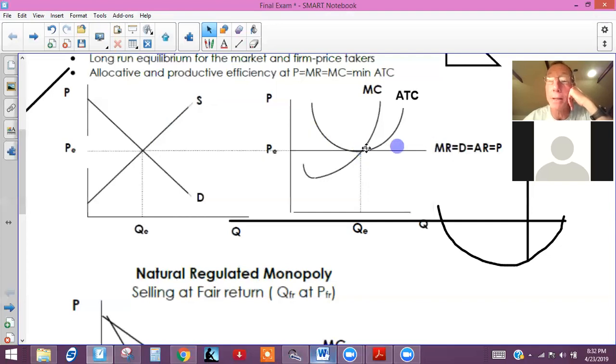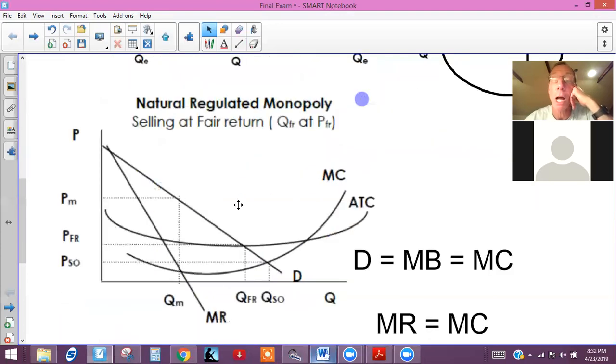Marginal revenue and demand and price and average revenue for a perfect competitor are all the same. Whereas for a monopoly, they're not. Marginal revenue is down here, whereas demand is up here. They're two different curves.